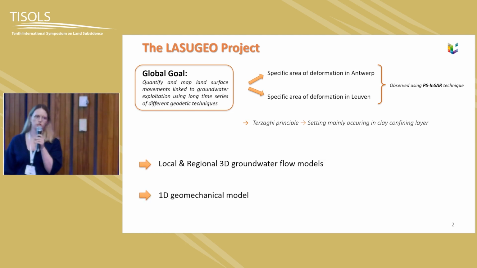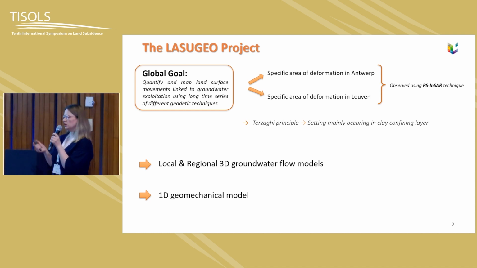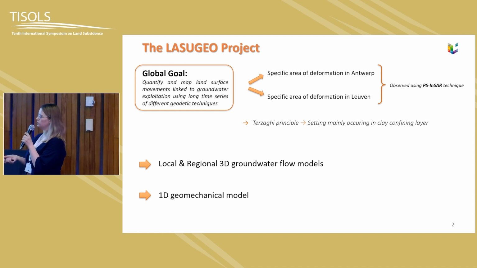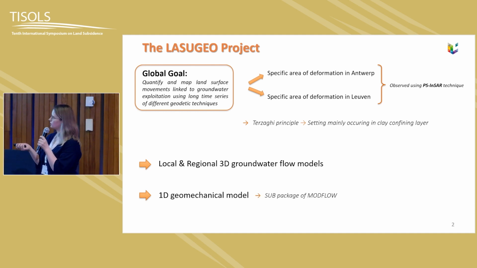So our methodology was to create a local and regional 3D groundwater model and couple them with a 1D geomechanical model using the SUB package. In the case of groundwater withdrawal, this methodology is the most commonly found in the literature.